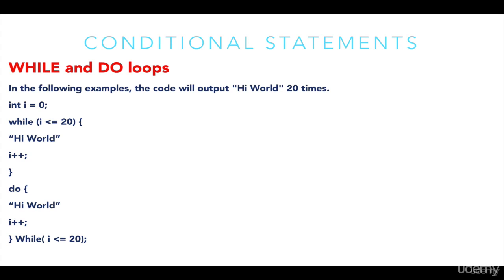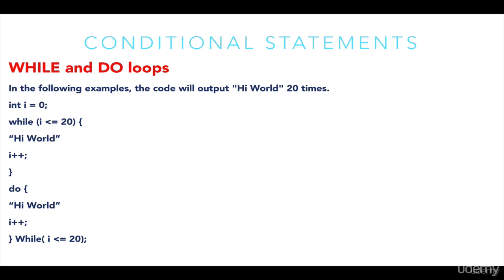Now for creating a do while loop, first we need to type in do, and then use an opening curly brace followed by a closing curly brace, and after the closing curly brace we need to type in while, and we need to put our condition code in between the parentheses, the condition under which the loop will finish. Okay, so inside the do curly braces we need to put our statements.